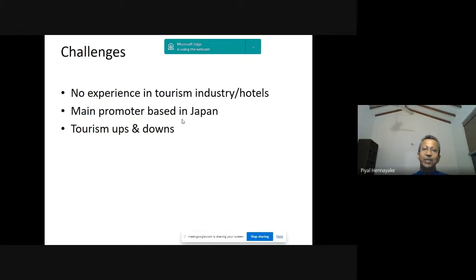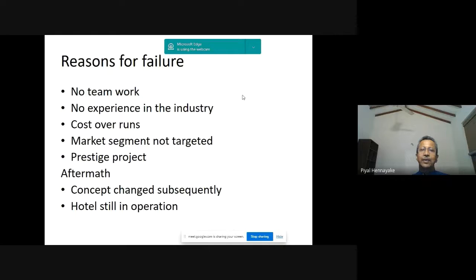And the main promoter was based in Japan. Tourism ups and downs affected that as well. So there was no teamwork, no experience in the industry, cost overruns, market segment not targeted, and it was a prestige project. They wanted to show that they have a hotel.